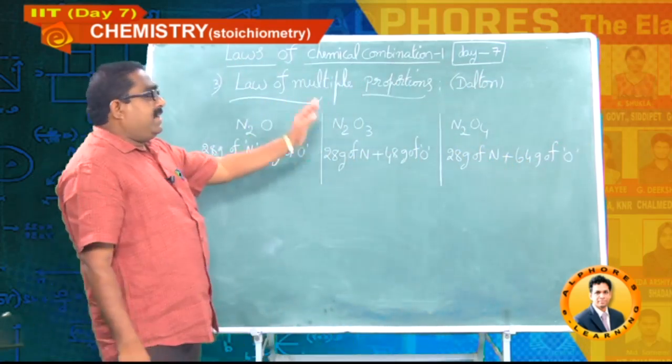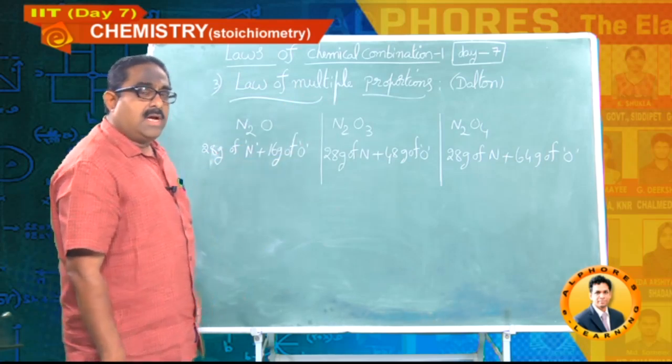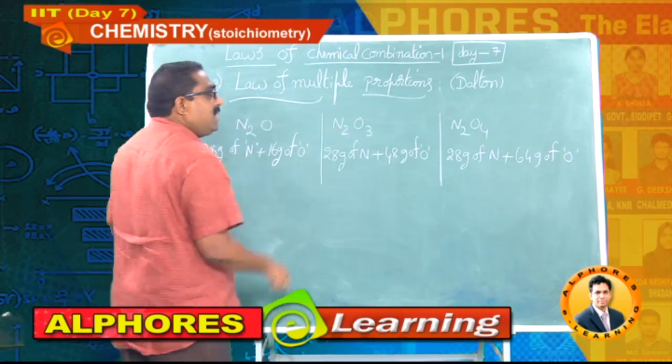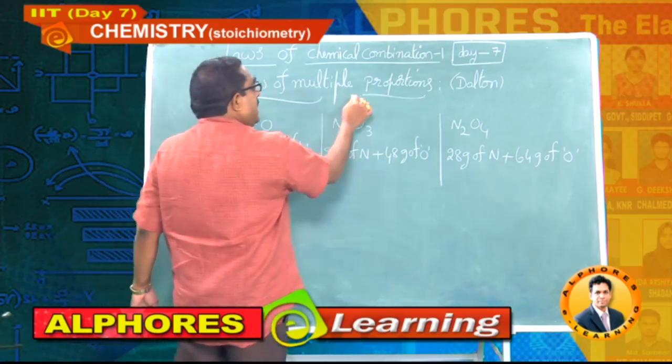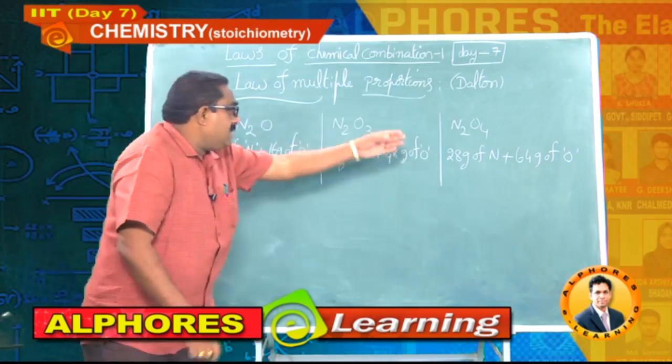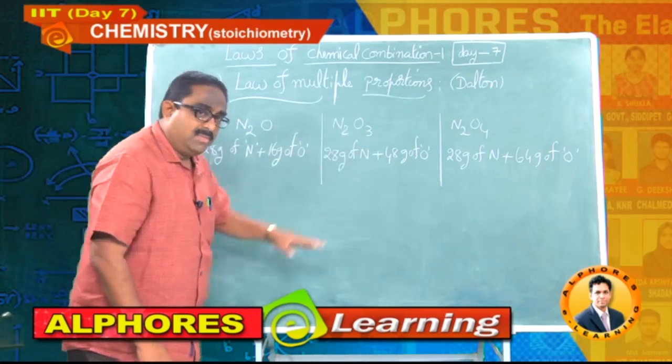If two elements combine to form more than one compound, here elements are nitrogen and oxygen, combine to form three types of oxides, say for example here.